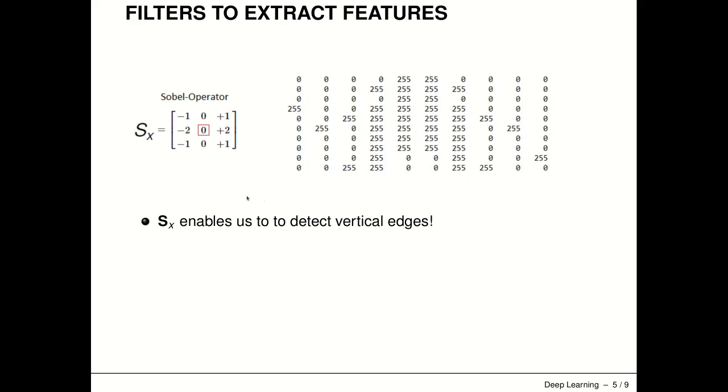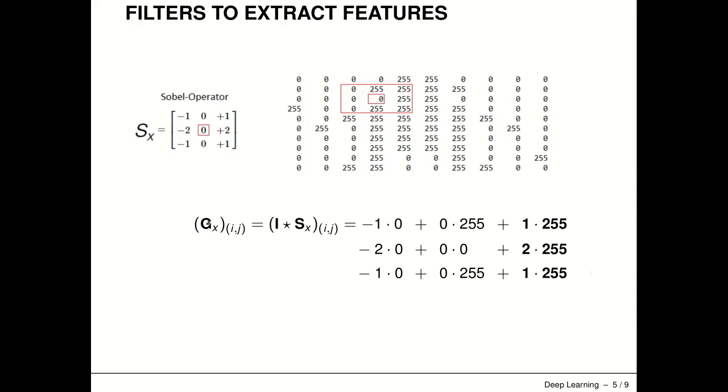As we saw earlier, by moving the Sobel filter over the input image, we are able to detect the vertical edges. By moving the Sobel filter over the image, we indeed calculate Gx because we have Sx, the x dimension. We convolve each position of the image with the Sobel operator.